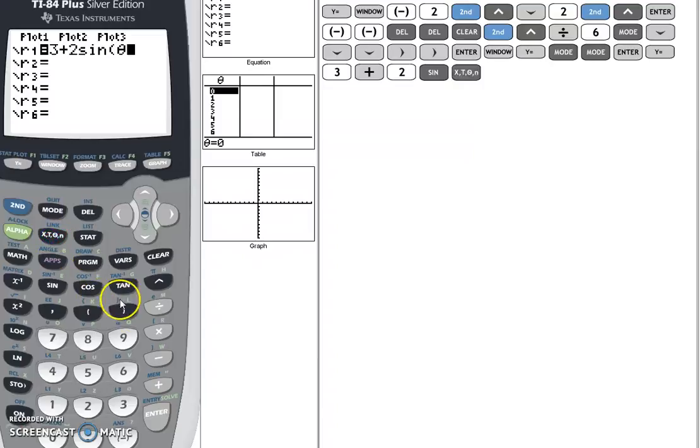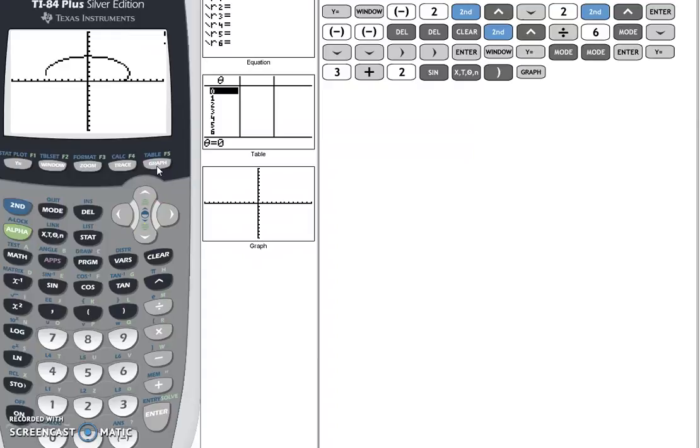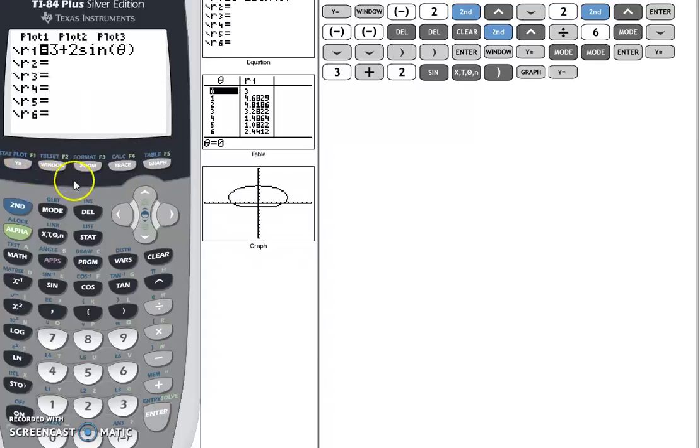I don't know. We'll try it. Let's see what that graph looks like. Well, that's not so interesting, right? So what if I put in something like 3 times.